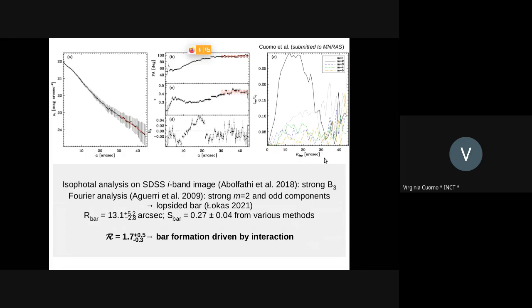And here we can see the radial profile of the different Fourier components. A strong m=2 component is telling us that there is a bar in there, but strong odd components are also present, telling us that this bar is lopsided indeed.